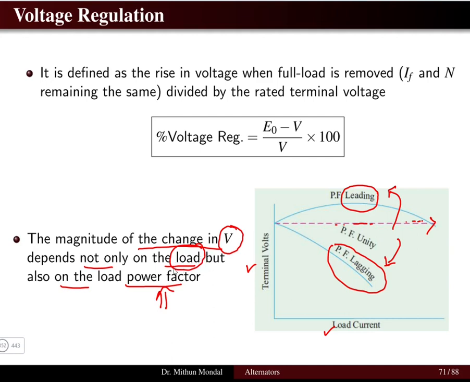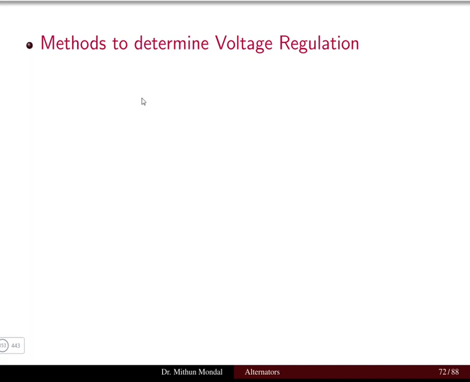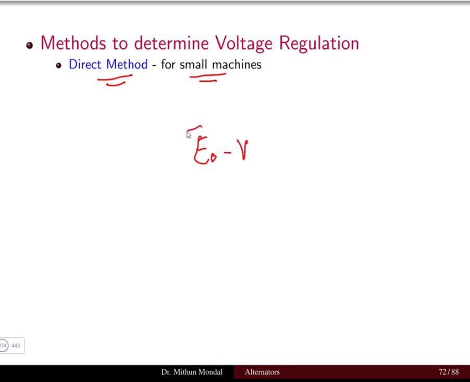So the topic for today is to determine the voltage regulation by different methods. What are the methods that we use to determine the voltage regulation? For any small machine, we will go by the direct method of loading and find the voltage regulation as the change in the terminal voltage from the no load condition to the full load condition.